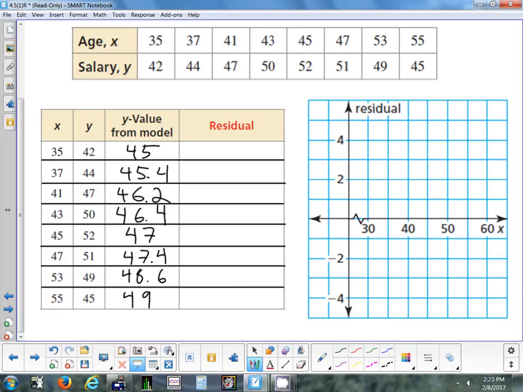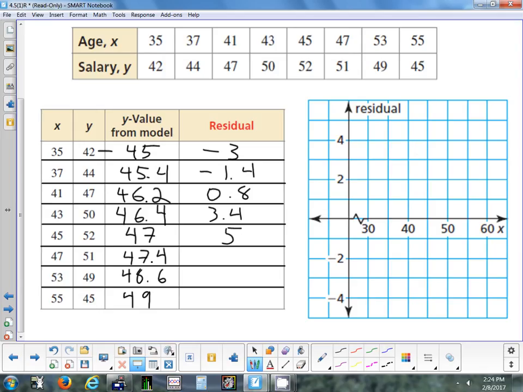Now, what do we do to get the residual? Subtract that minus that. Okay, what's 42 minus 45? Now, some of these we need the calculator. Did anyone get the next one? How about 47 minus 46.2? 0.8. All right, that's good. How about the next one? 3.4. Okay, good so far. 52 take away 47. 5.